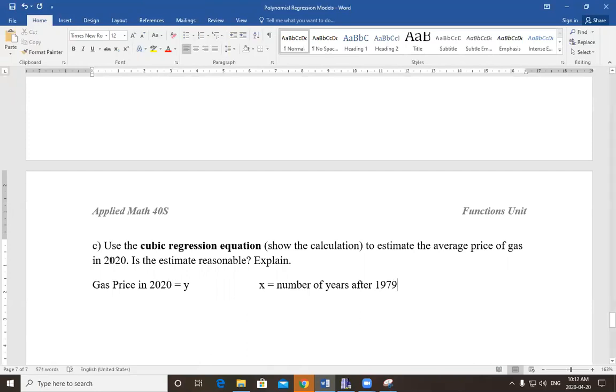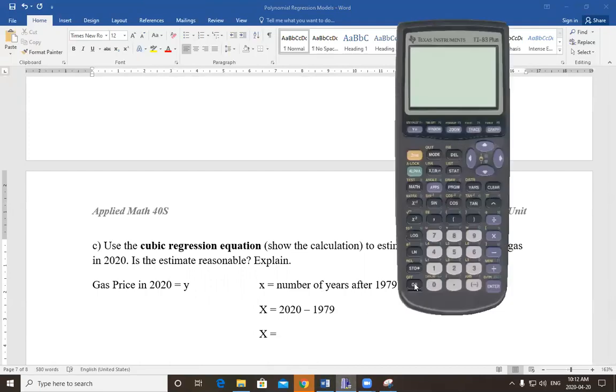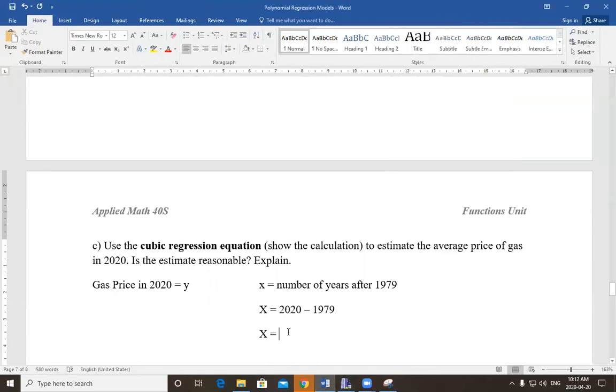So we can't say x equals 2020. Realize that x is going to equal 2020 minus 1979. So 2020 minus 1979, we get 41 years. X equals 41, and we need to find what y is.